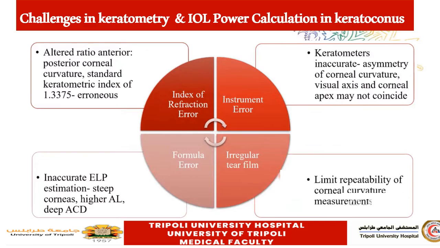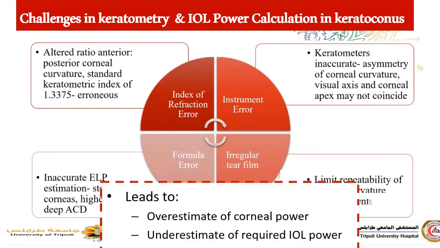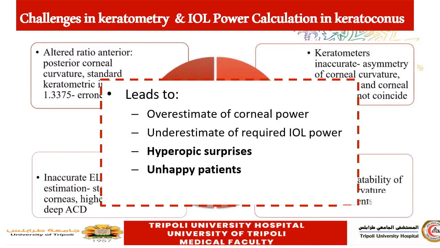We need to stabilize the anterior surface first before we take any measurements from it. All these points lead to an overestimation of the K reading and underestimation of the required IOL power, and will lead to hyperopic surprises, and in the end both patient and doctor will be unhappy. So these are the major challenging points in the keratometry reading.